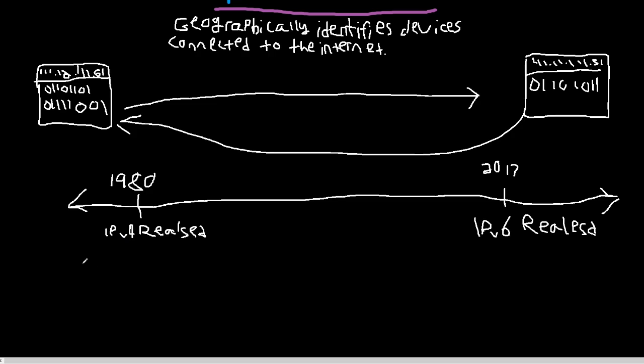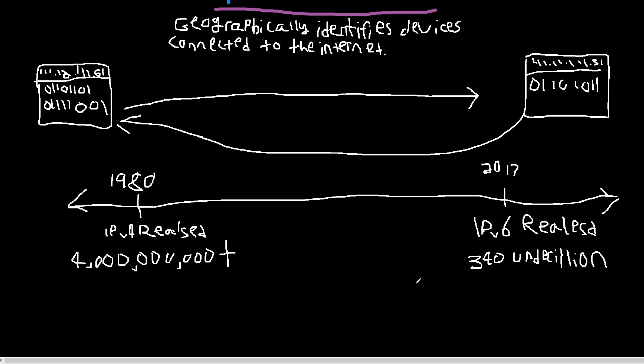There are over 4 billion IPv4 addresses. Then for IPv6 addresses, there is over 340 undecillion. I think that's how you say it. Undecillion is like 36 zeros after the 340. So that's a lot of IP addresses and devices that can have an IPv6 address.